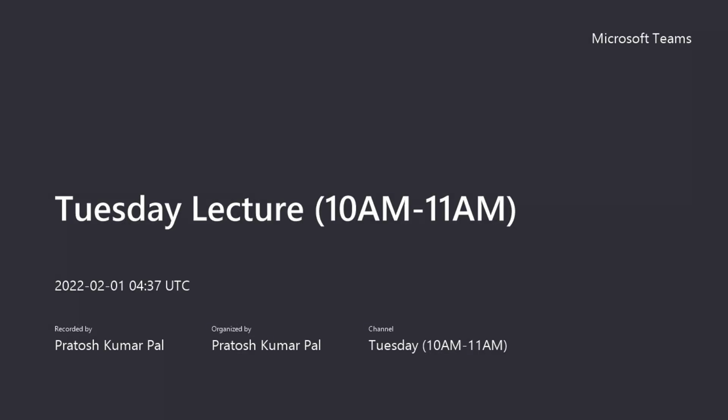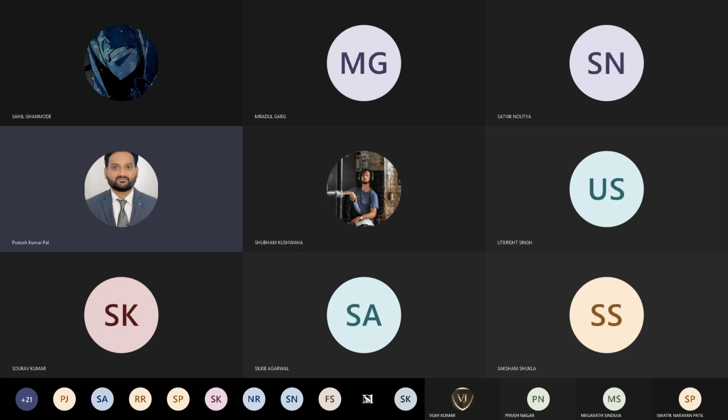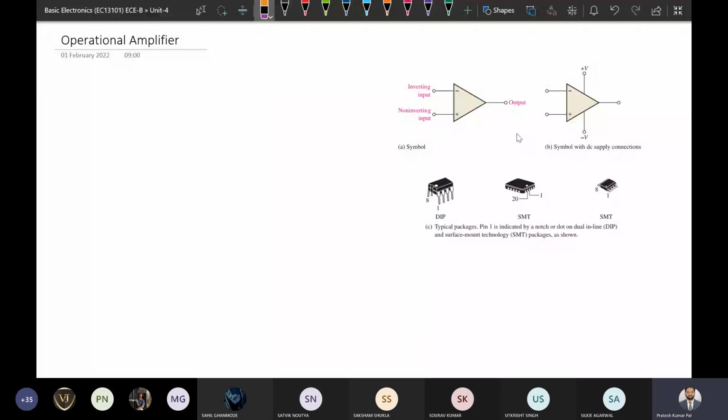Operational amplifier. Previously we have gone through different components, based on how semiconductors can be used for electronic component fabrication. Based on that we have seen the basics like diodes and different applications of diodes.